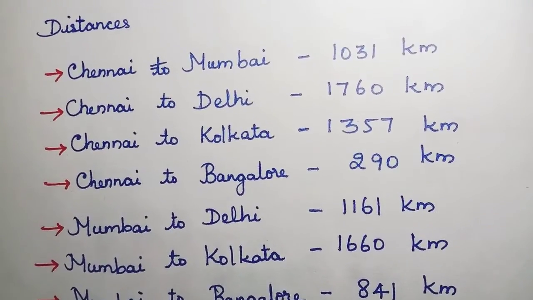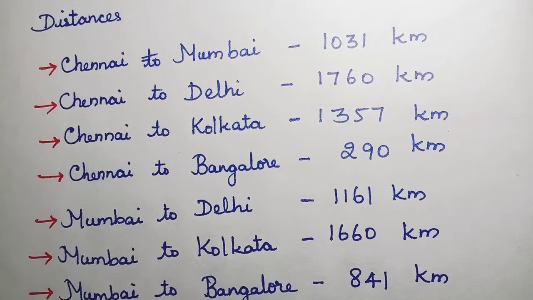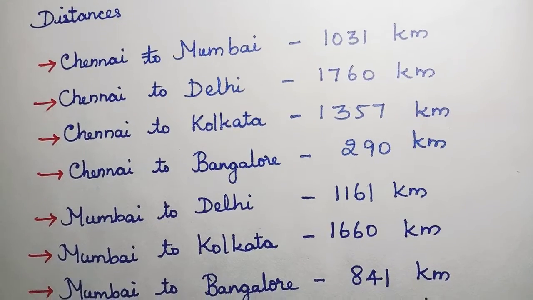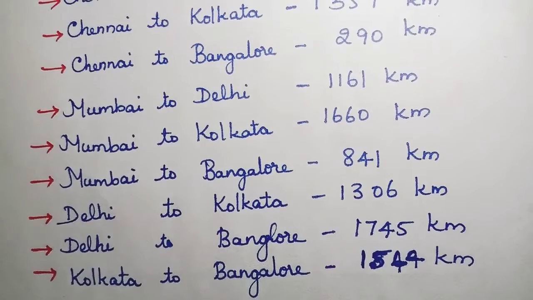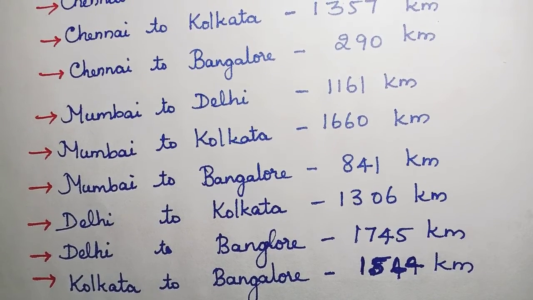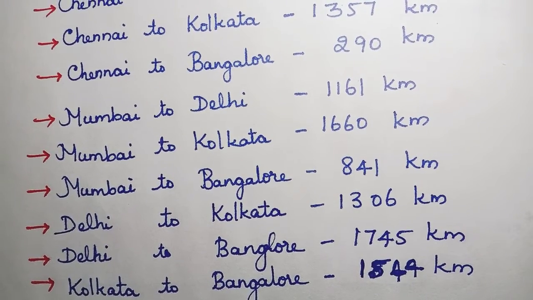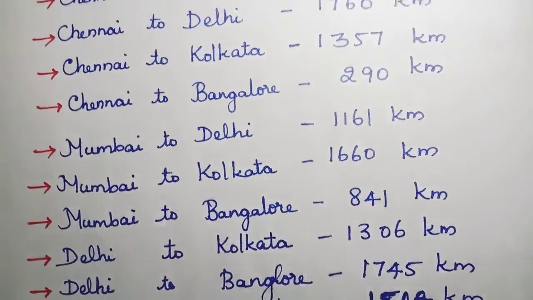These are the distances between each city. All these distances are through airways. This is airway distance, not the distance by road. If you want, you can just use this.